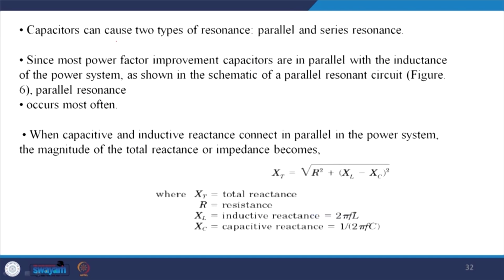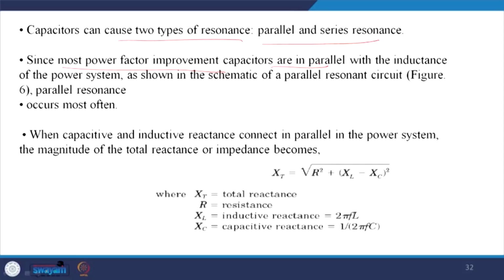So, a capacitor can cause two types of resonance, one is parallel, another is series. If it is a parallel resonance, this is essentially an anti-resonance, and the least current will flow. Your admittance is minimum, thus impedance is maximum.